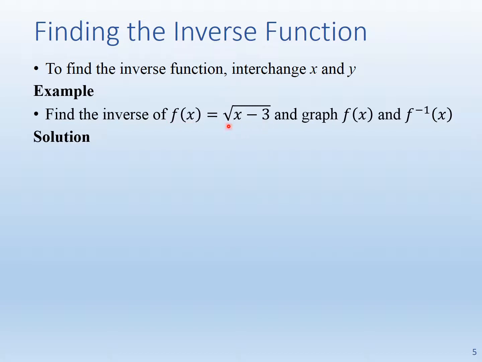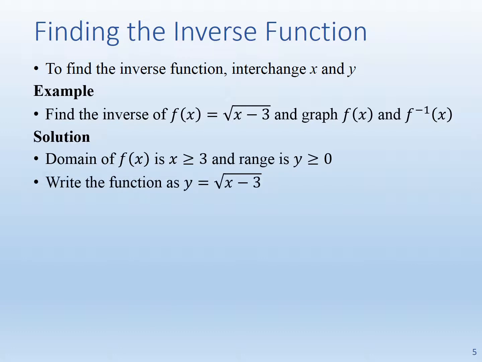First, we need to observe what values of x are possible in our function. Now, for our square root to exist, we have to have x greater than or equal to 3. So our domain of f of x is x greater than or equal to 3. And then taking the positive square root means that y could be 0 or above only.